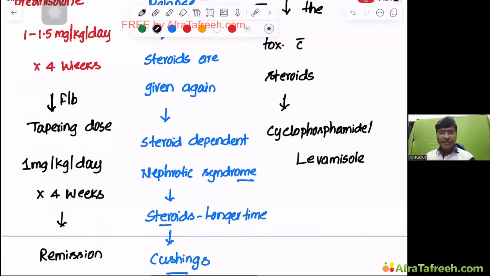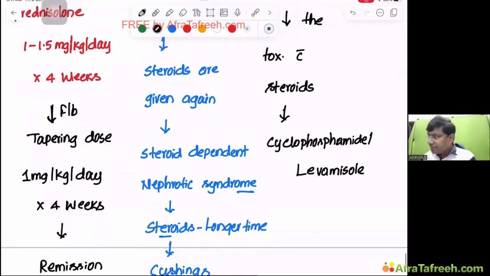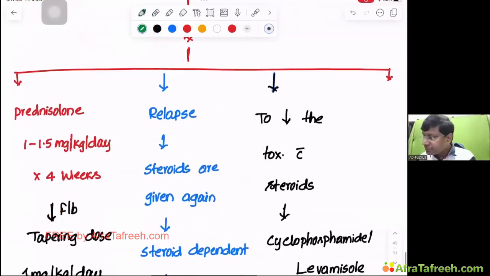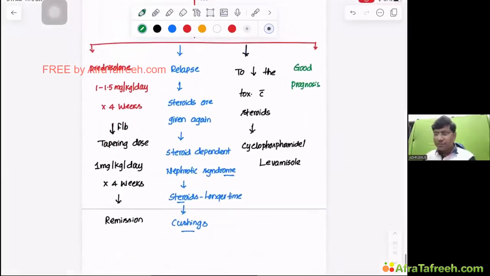Okay, cyclophosphamide or levamisole should be given, mainly to reduce the toxicity with steroids. Okay, and overall, how is the prognosis in these patients with minimal change disease? They have good prognosis, right? So this is about the treatment.